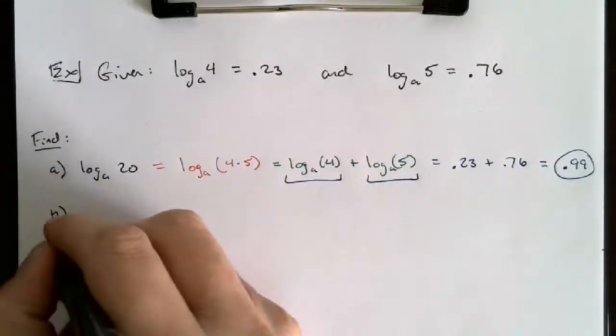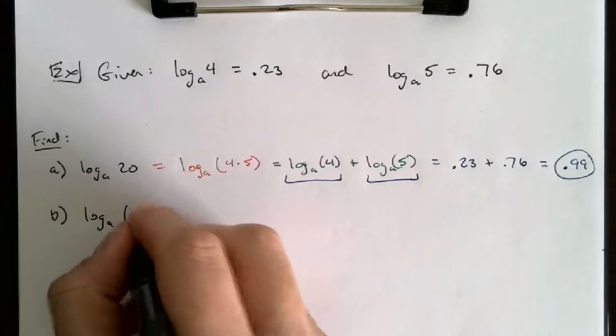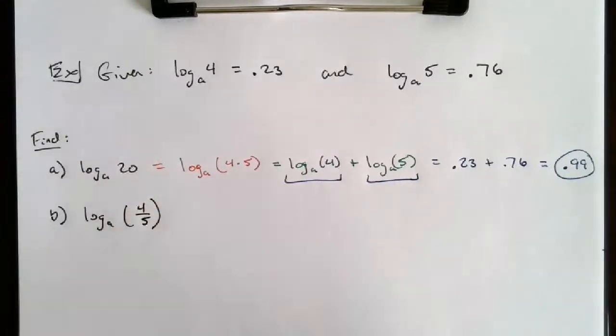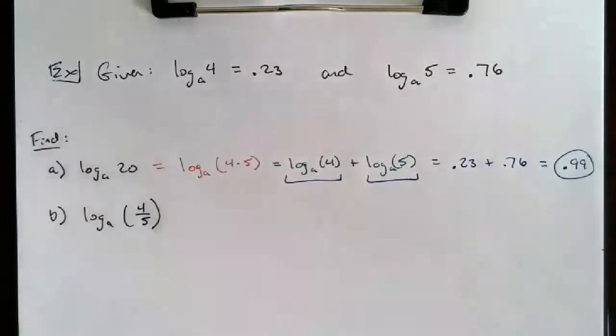The next one here, if I say log base A of 4/5, well, this is division inside of the log, and remember our rule says if we have division inside the log, we could write it as subtraction, or the difference of the logs, taking the log of the numerator minus the log of the denominator.